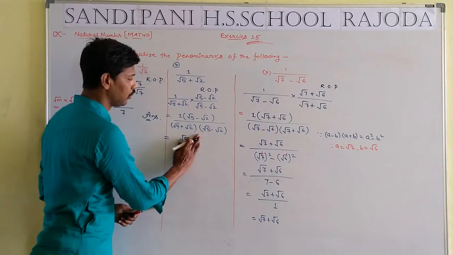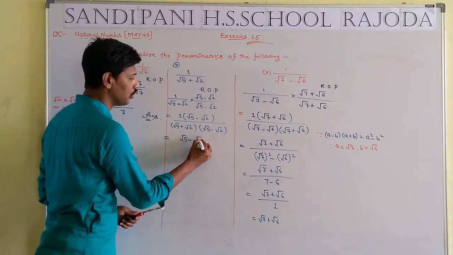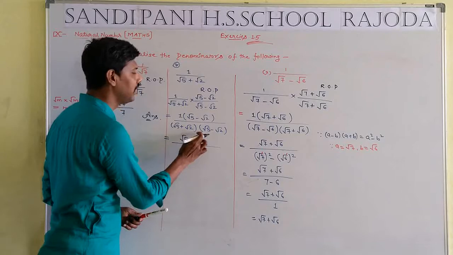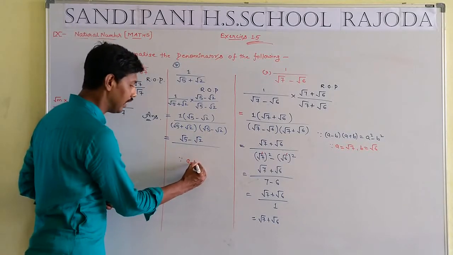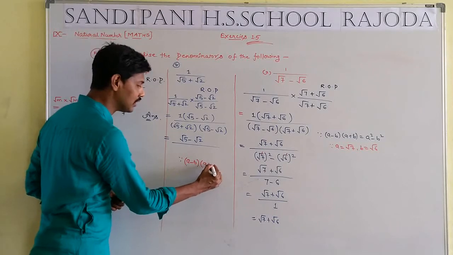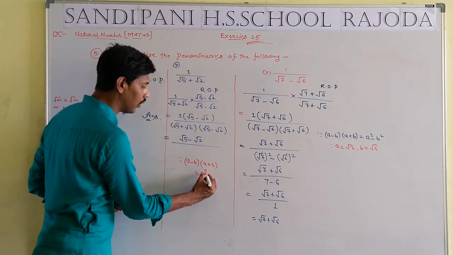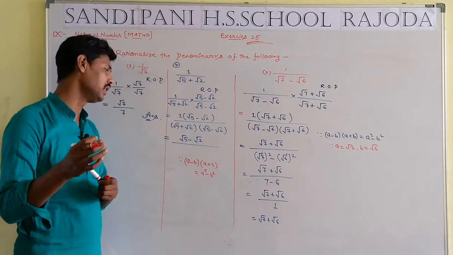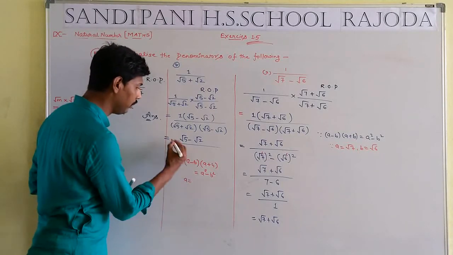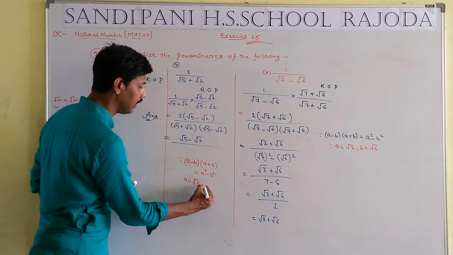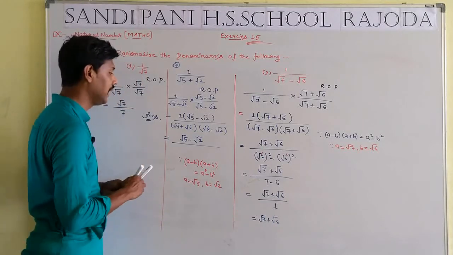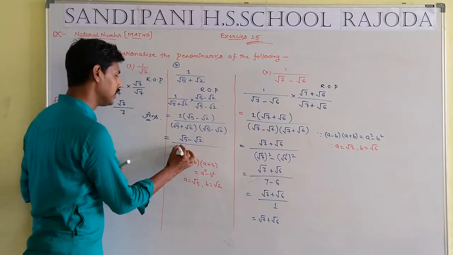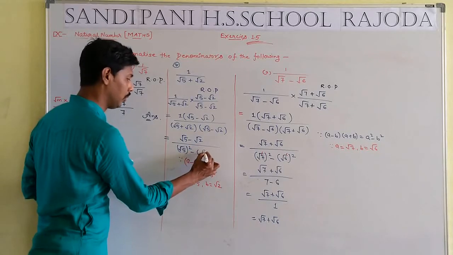As a result, root 5 minus root 2. But in the case of the denominator, we use the identity a minus b, a plus b equal to a square minus b square, where a is root 5 and b is root 2, such that root 5 square minus root 2 square.